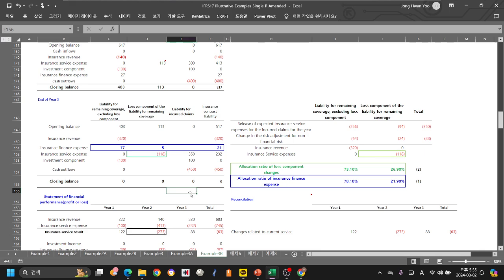And this is what most people are confused about: loss component reversal and allocation between loss component LRC and non-loss component LRC. And do you know how complicating it is to build up the actuarial process itself and put it into the data field component? So it's not as easy as it looks.